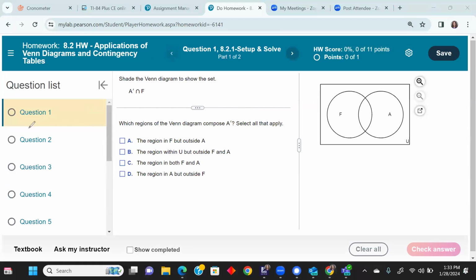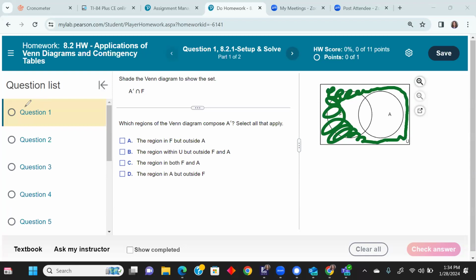All right, so we have not A. Okay, so that's everything here. And this is an intersection. It's where not A overlaps with F, which I believe is what we just did. Let me see if there's a color.